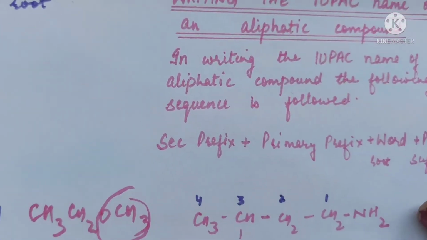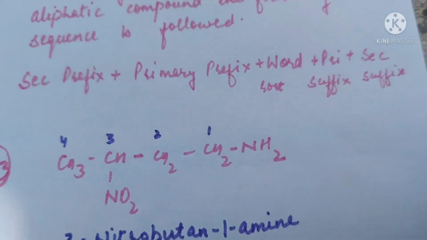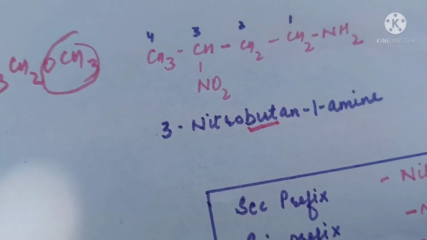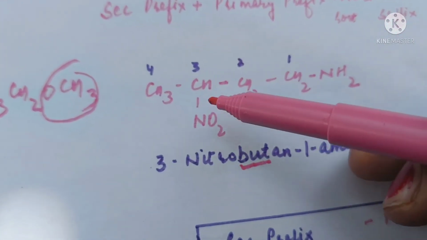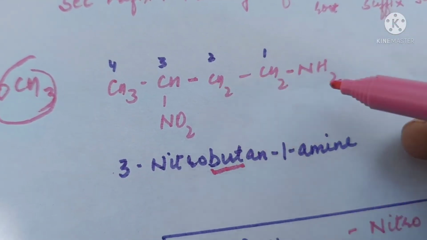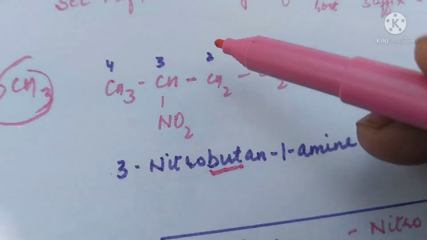Now, the NO2 nitro group is a substituent, so the secondary prefix will be used for it. So it is attached to the 3rd carbon atom in the chain. We start the naming from that end from which the functional group is closest. So this is carbon number 1, 2, 3.